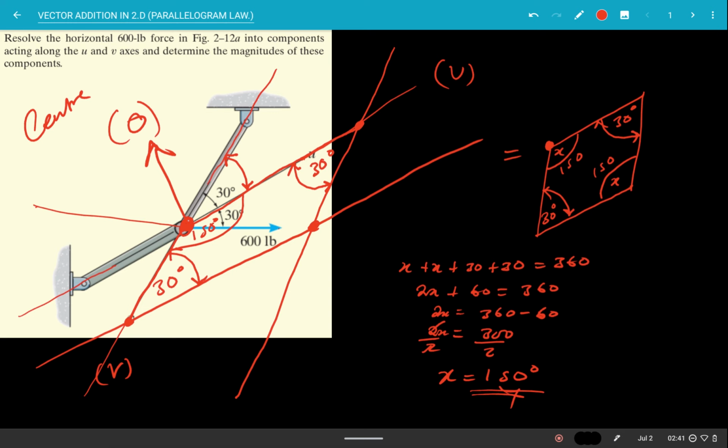So the resultant line is coming from that point, touching this point, which means this is our point of interest, the P point.